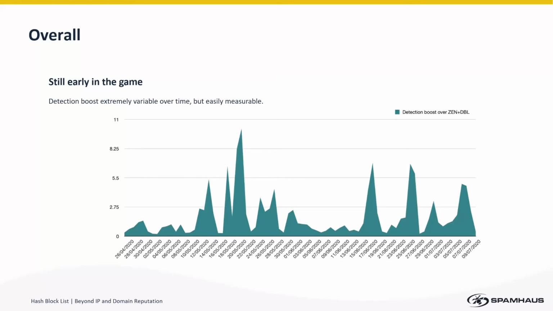Awesome. Sorry to interrupt, just a quick question. Could you just let people know what the units of the y-axis are, please? Yeah, I suppose that is not clear. That's percentage.